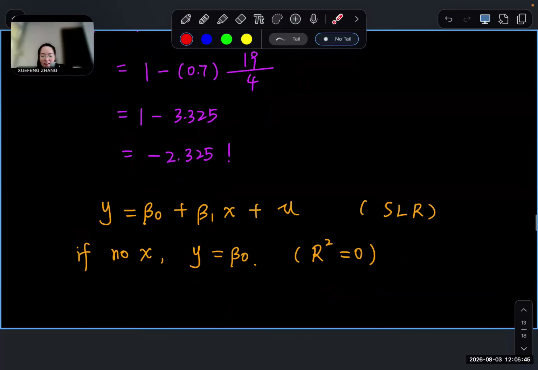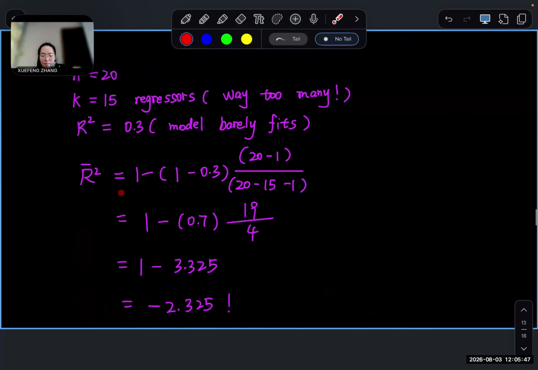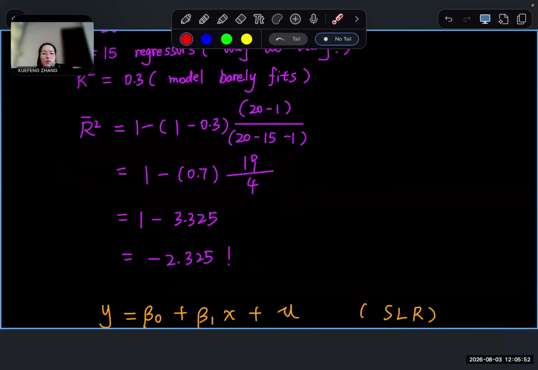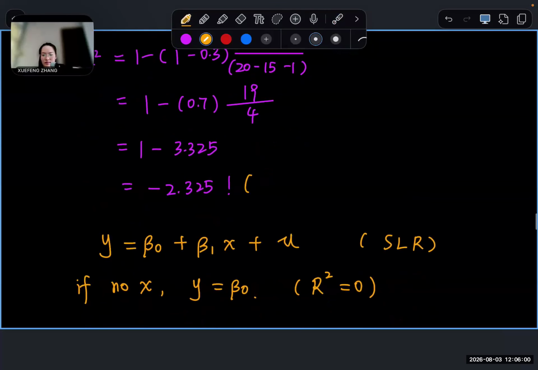So the key point is that adjusted r squared can go negative when you cram in too many useless variables related to your sample size. Okay, let me write it down.